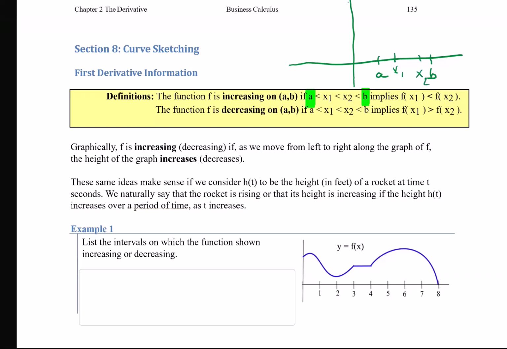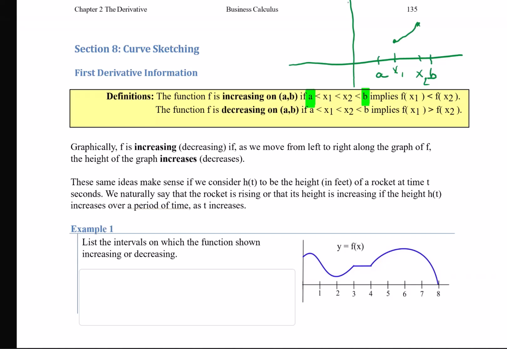It implies that y1, or the function at x1, is less than the function at x2. If we have a point here at x1, the y value has to be smaller, and the next one at x2, it's increasing because the y value is getting bigger.